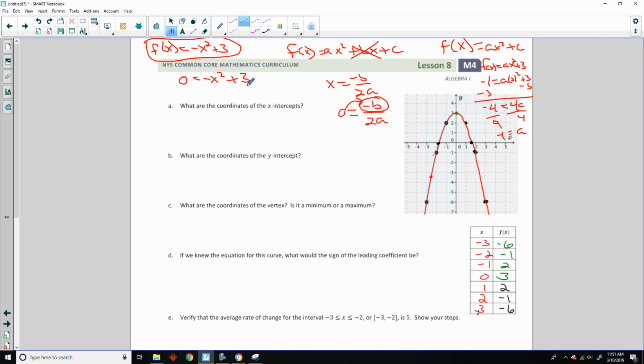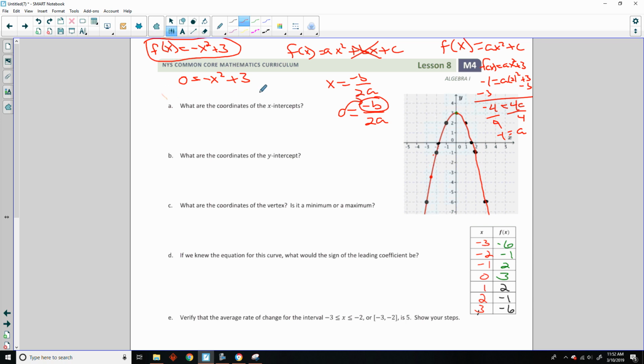In order to solve this, I can move everything over to the other side so I don't have a negative leading coefficient. So if I add x squared to the left and right, it goes over here. And if I subtract 3 over to the other side, now I have x squared minus 3, just to find values.